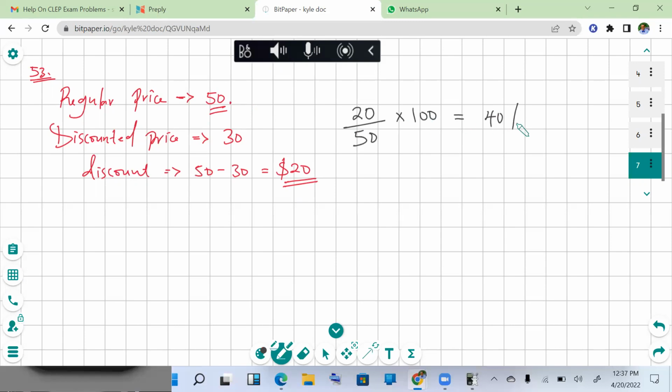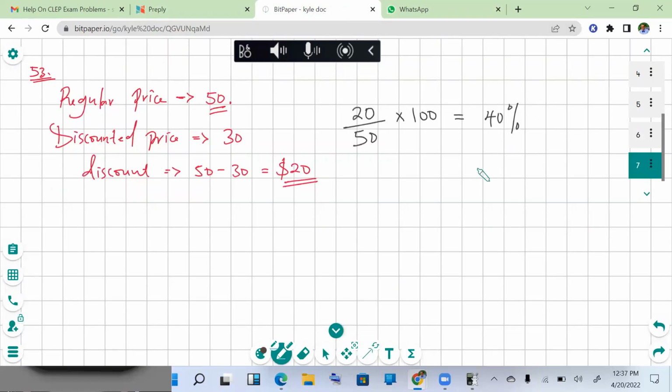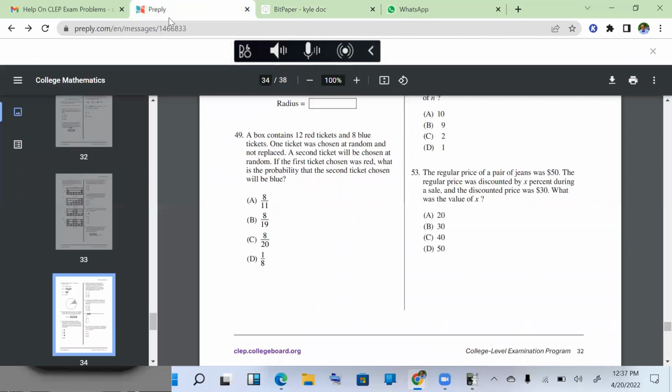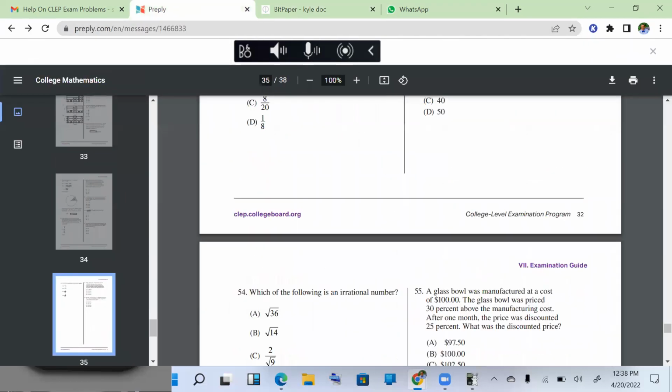And this will actually be a 40% discount. That was a huge discount. And so our answer is C, 40% discount. Okay, now we are done with 53.